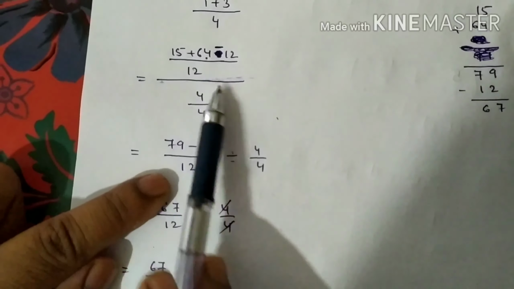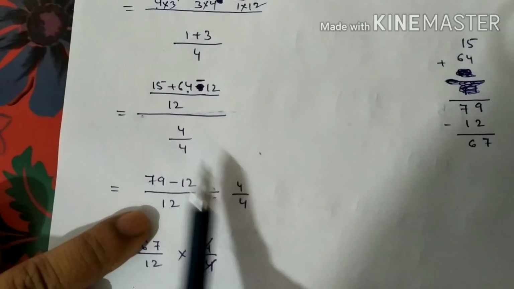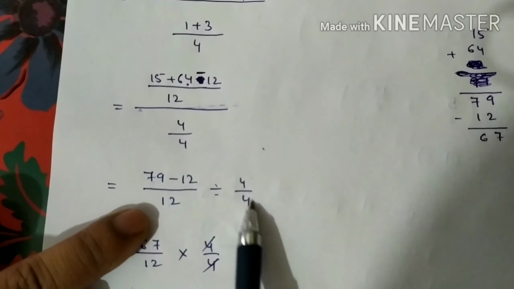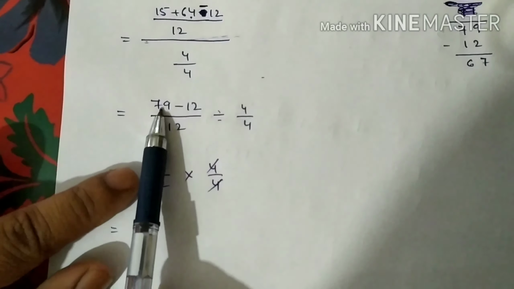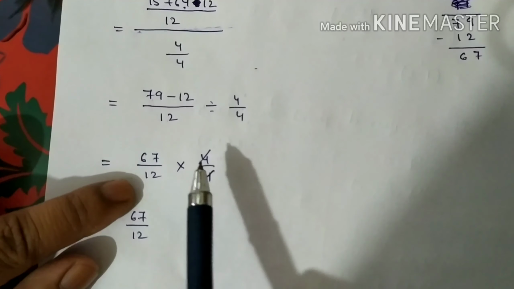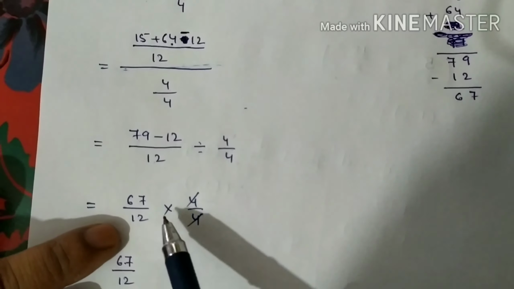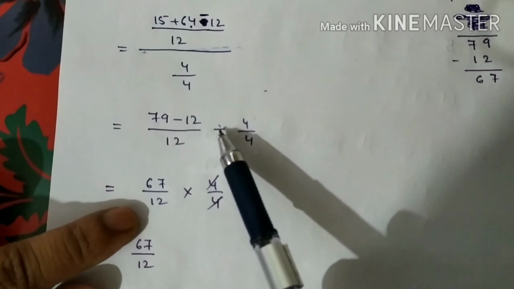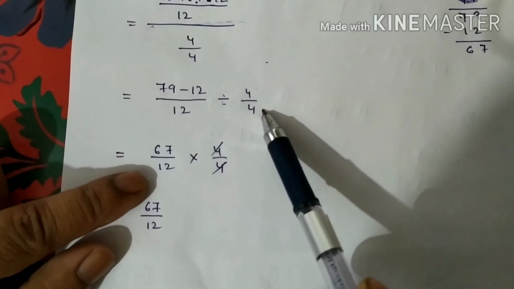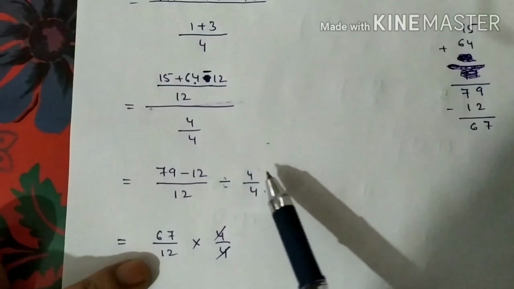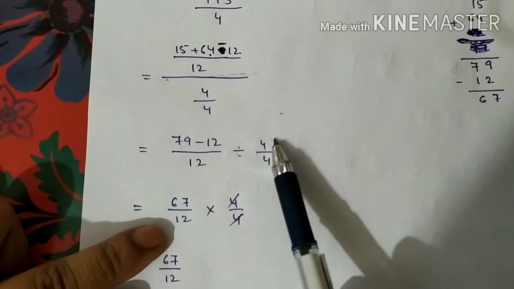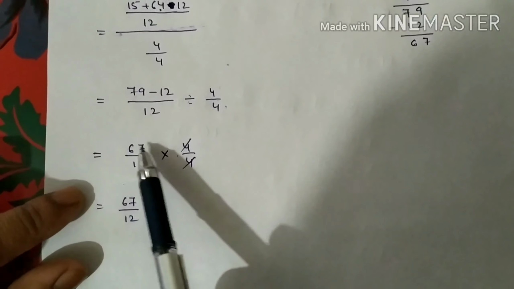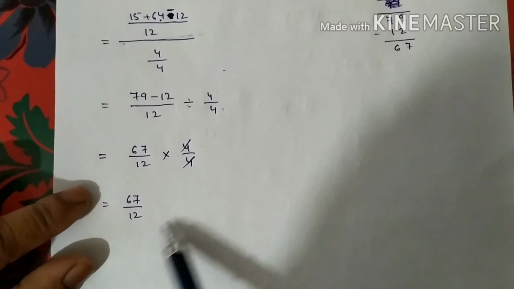I am replacing this symbol by this division symbol, and I have written here 4 by 4. Now 79 minus 12 is 67 divided by 12, and division will become multiplication. So after multiplication, the number which is after division will become reverse. So the reverse of 4 by 4 will be 4 by 4 only, and 4 and 4 will get cancelled. So required answer will be 67 by 12 in this case.